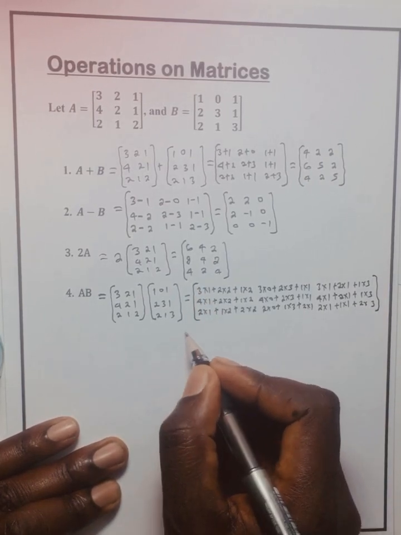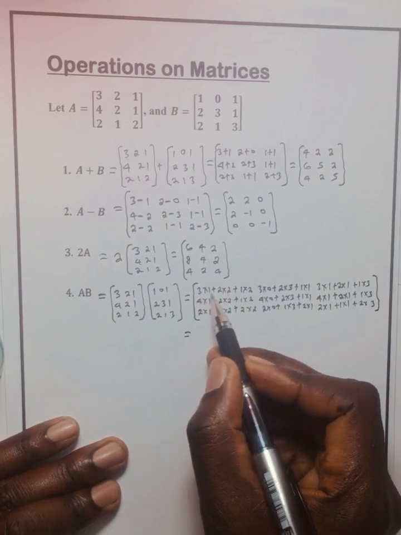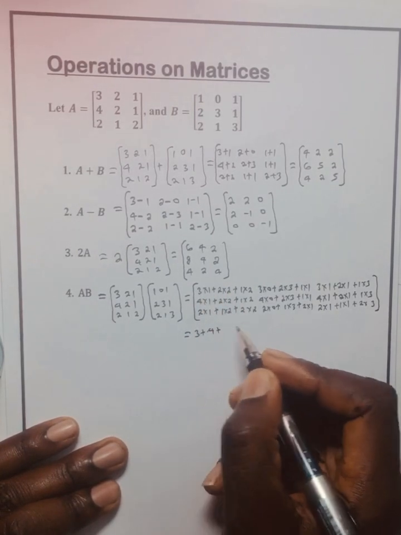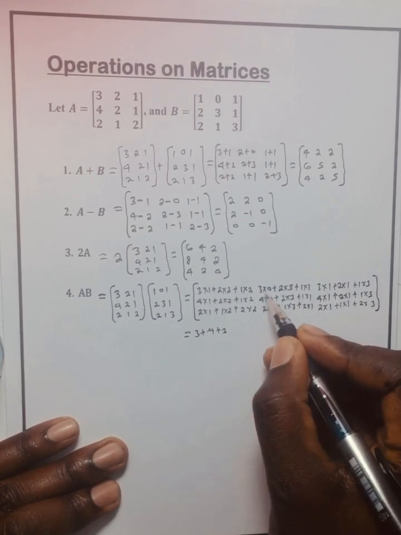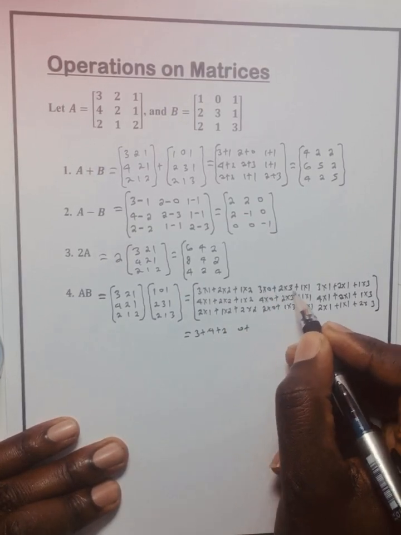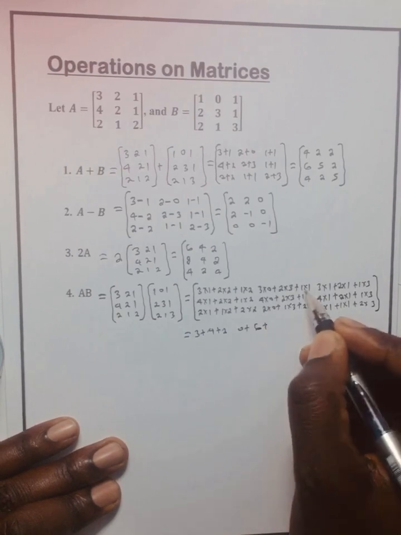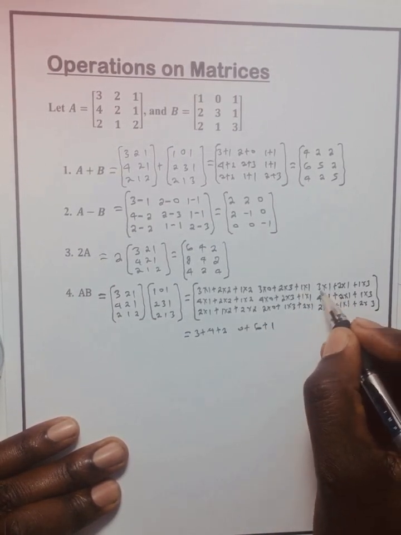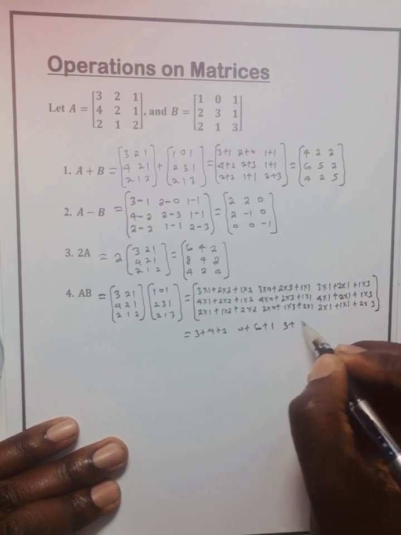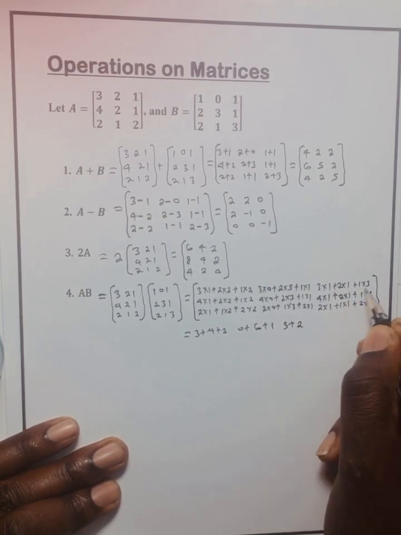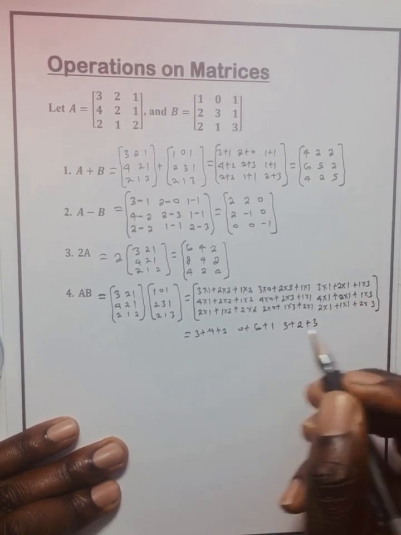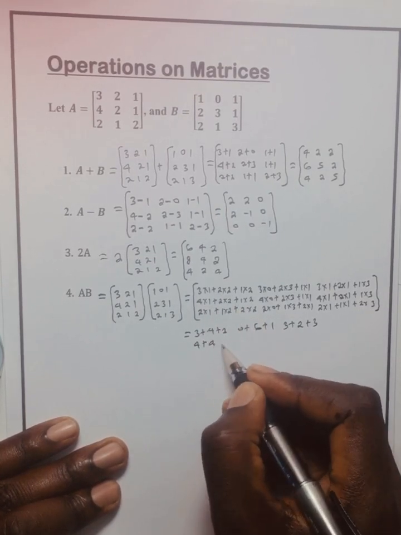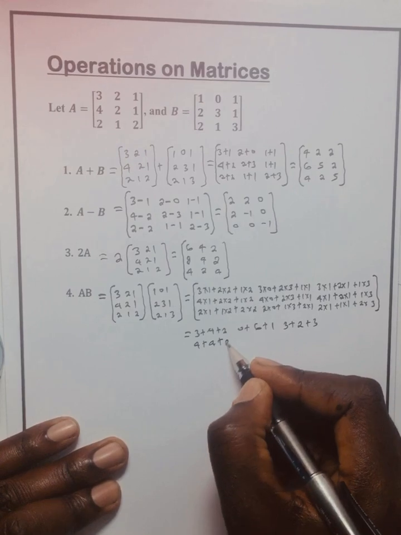Now let us simplify that. That is 3 plus 4 plus 2, then that is 0 plus 6 plus 1. Then here we have 3 plus 2 plus 3. Here we have 4 plus 4 plus 2.